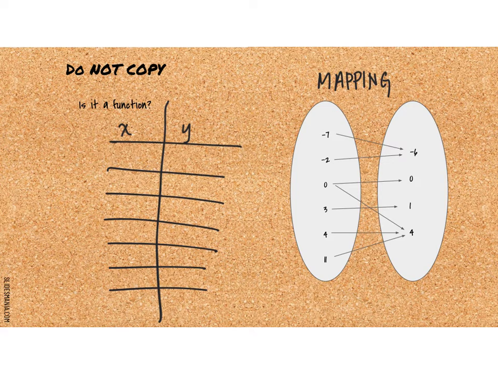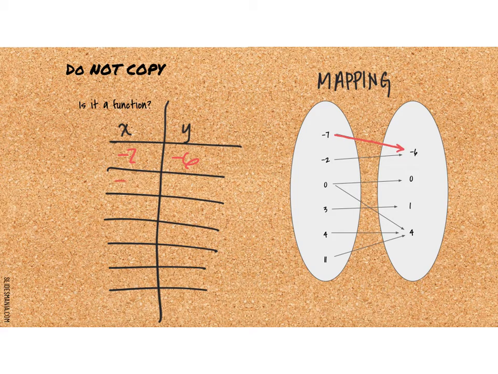So I'm going to start off with the first one. As I complete them, I'm going to go ahead and just draw a red line letting me know that I did it. So I have -7 and -6. Why did I put these together? Because that's where the arrow's pointing.